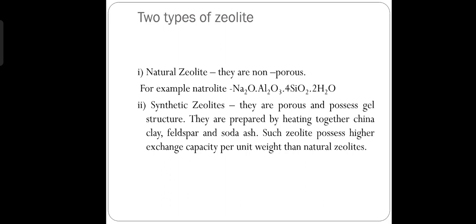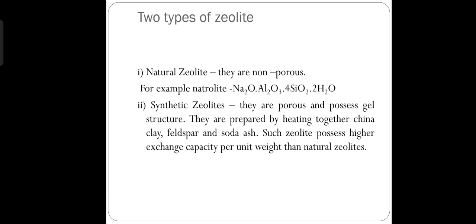Natural zeolites are non-porous in nature. There are no pores at all. For example, natrolite, Na2O, Al2O3, 4SiO2, 2H2O. This natrolite is found in nature. Synthetic zeolites are prepared in the labs. They are porous and possess a gel structure.